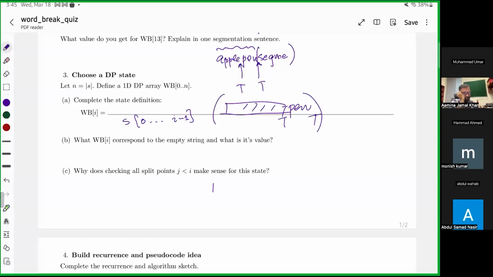All right. So j represents any index before i. Which could mean: check all possible j indices where WB is true, and anything after j and before i is a word. Also, sir, is there a set format for the state definition, or can we just write it in our own words?